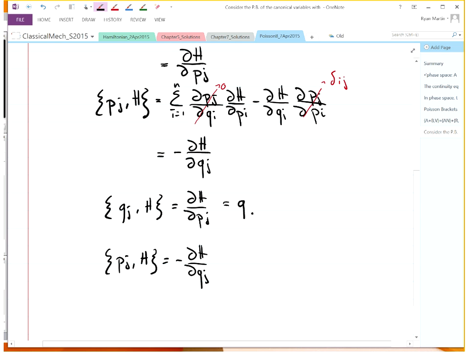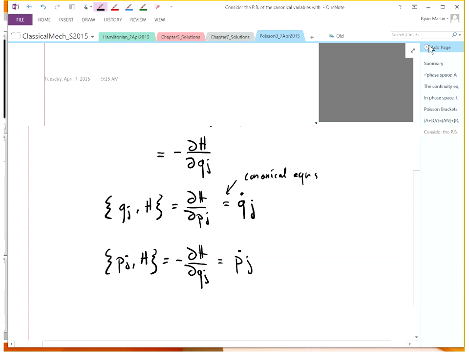So this thing here, the first one, ∂H by ∂pj, is equal to qj dot, from the canonical equations. And same thing, minus ∂H by ∂qj is pj dot.